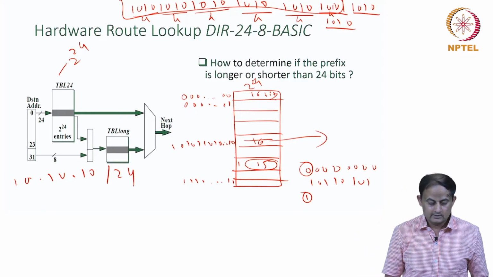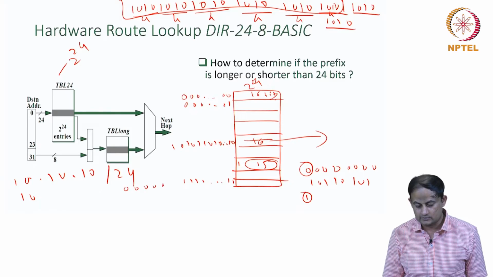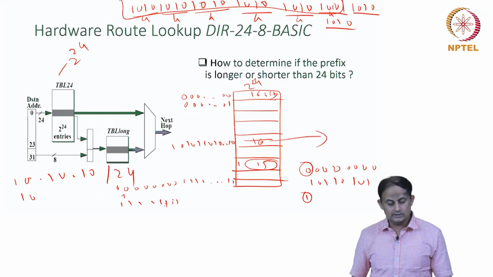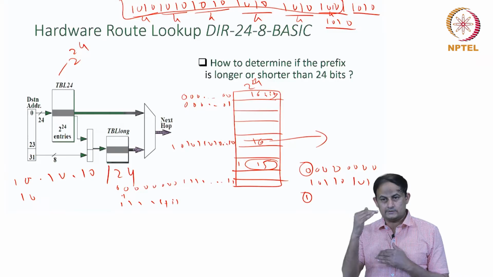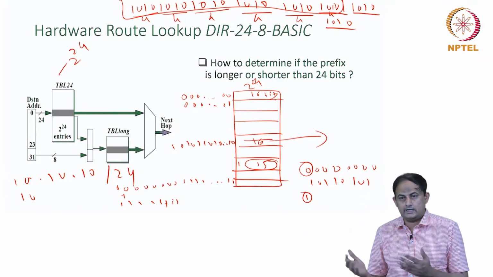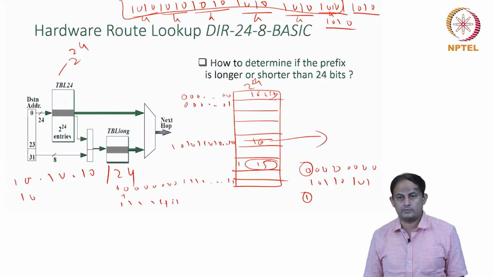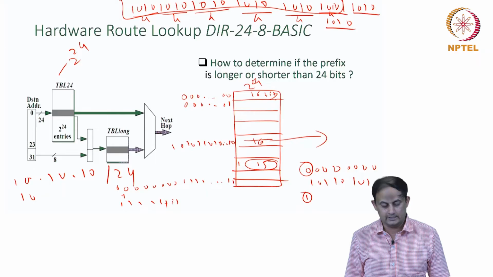What is that? 10.10.10.x. These indicate 24 bits, and the remaining 8 bits can be anything from all 0s to all 1s. So for all these possible 256 cases of the remaining 8 bits, I do not care, and that is the indication. If I have a /24 prefix, then I do not care about the remaining 8 bits.